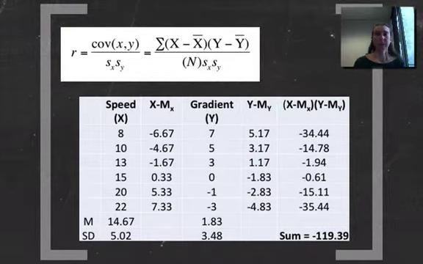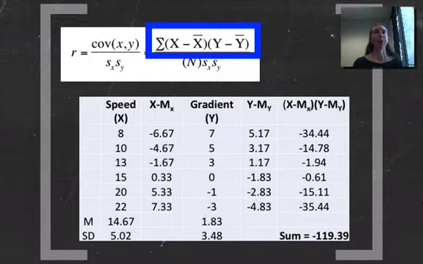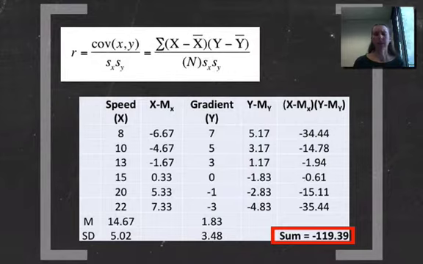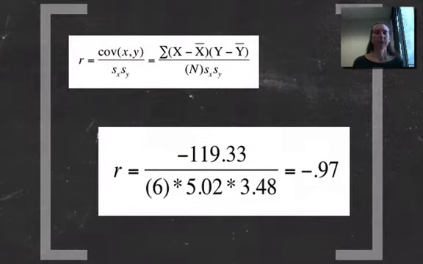So now we want to put them together. We have the deviation in my x variable times the deviation in my y variable. I do that across each of my scores, and then looking back at this formula, what we want to do is add those up. So I take each of those co-deviation scores, sum them up, and I get negative 119.39. So now we need the next part of our formula. We have negative 119.33 as my numerator.